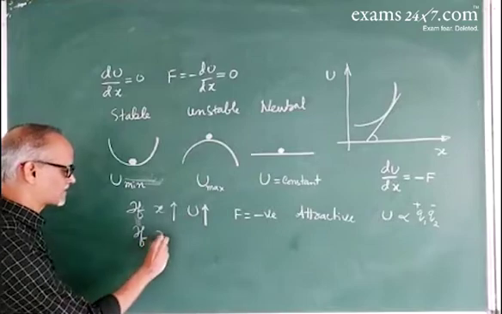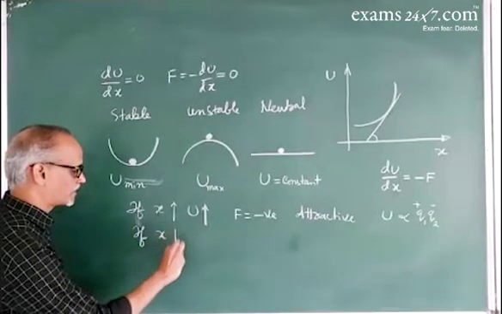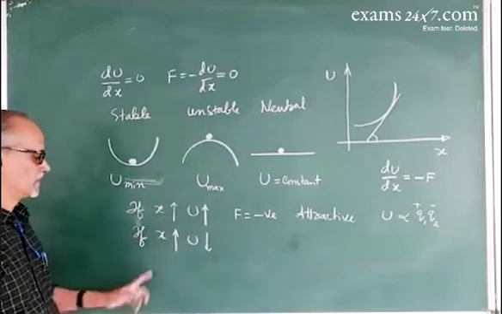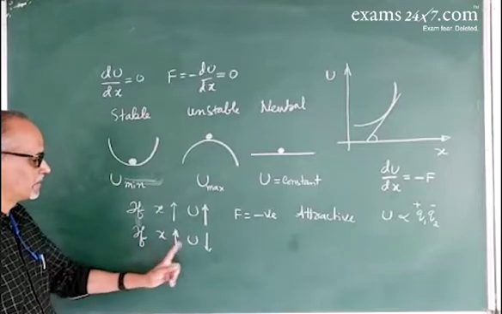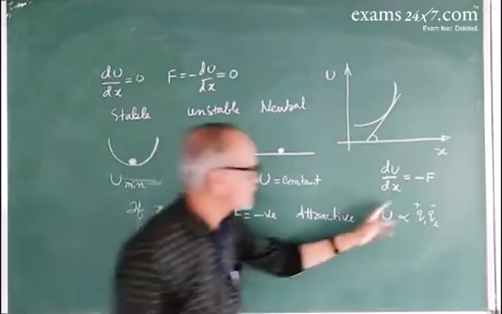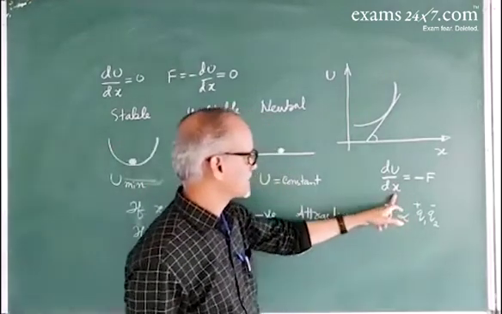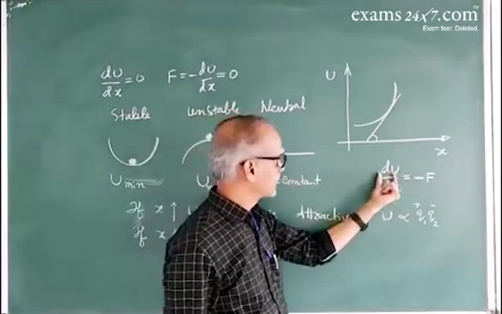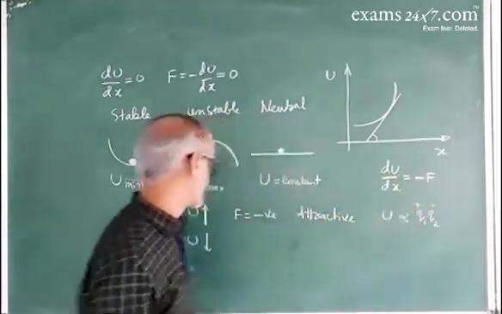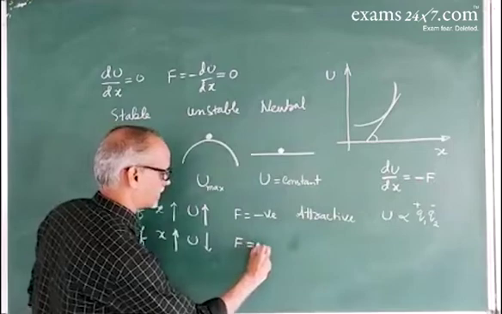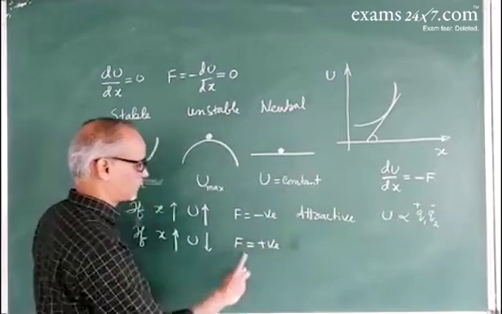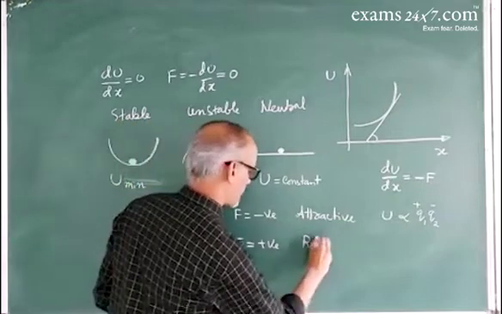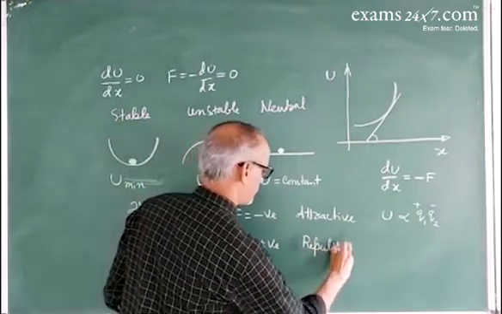And now if X increases and U decreases, then based on this equation, an increase in X decreases U, which means that dU becomes negative. So force becomes positive. F becomes positive. And when the force is positive, the nature of the force is repulsive.